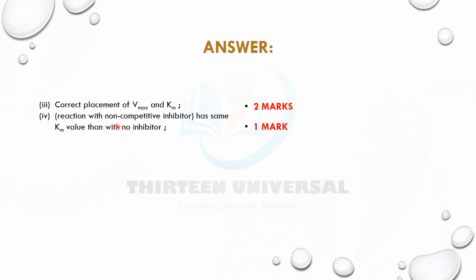The non-competitive inhibitor decreases the Vmax but keeps the same Km. But if it is competitive, same Vmax but increases the Km.